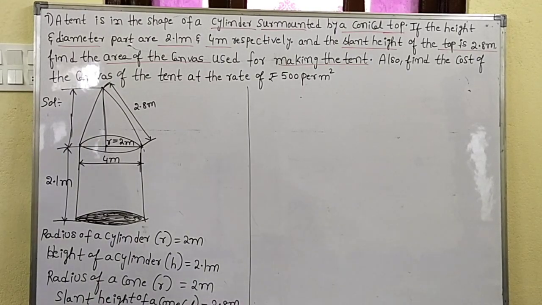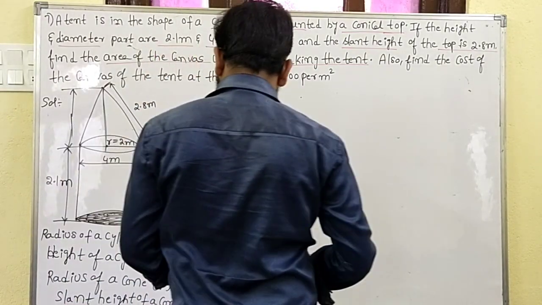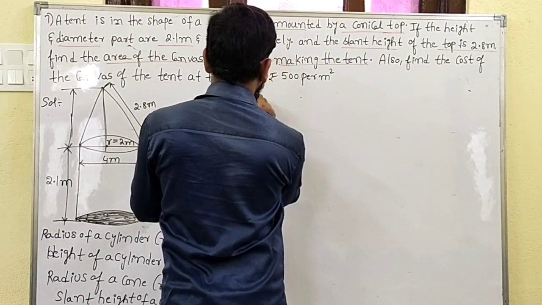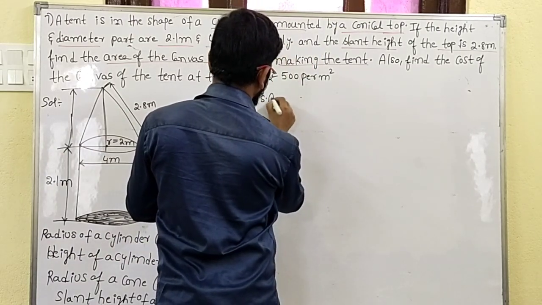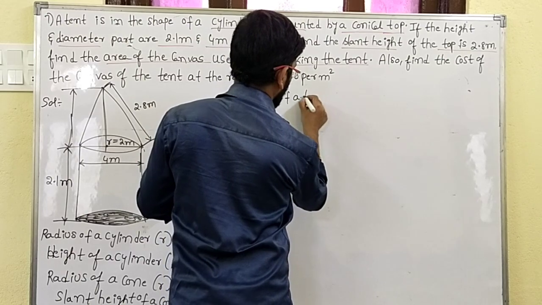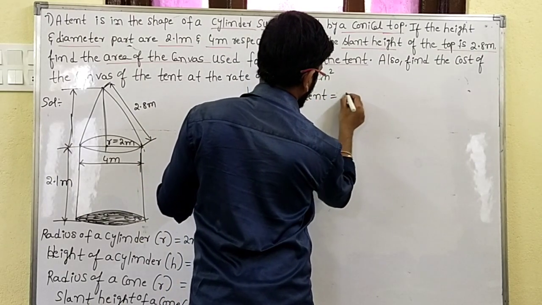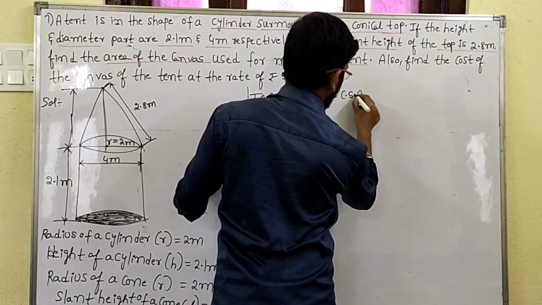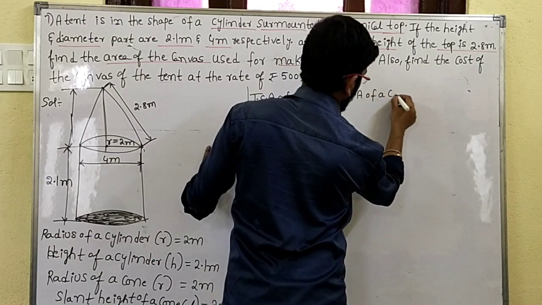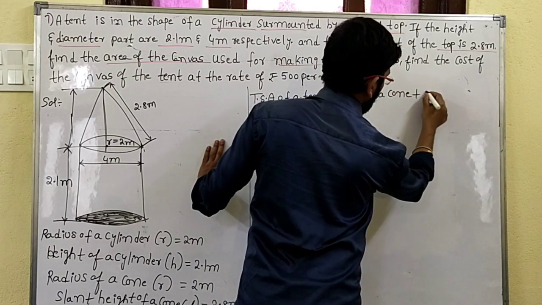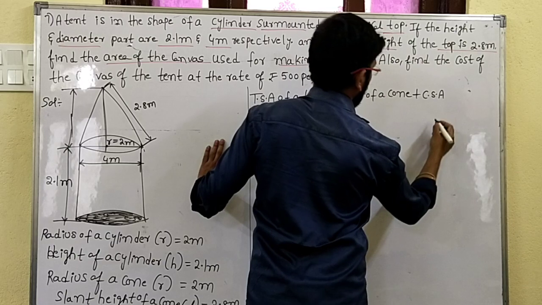Now the slant height of a cone. TSA of the tent is equal to CSA of a cone plus CSA of a cylinder.